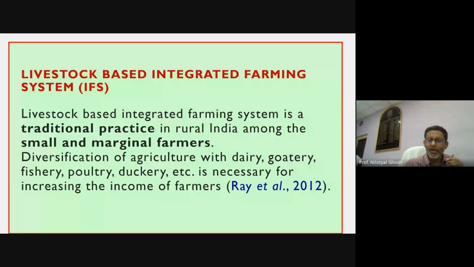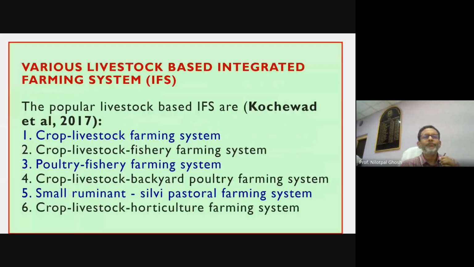This farming system, integrated farming system, is gaining popularity day by day, even at the administrator level. Now, these are the popular livestock-based integrated farming systems practiced in our country in this area or in that area. Those who are really interested in the integrated farming system may experience this not only in the books but also in the real field.